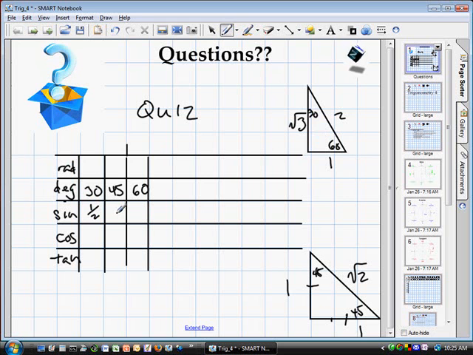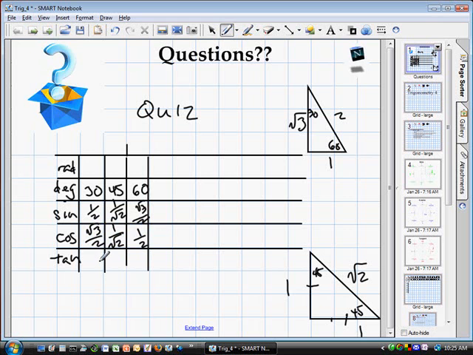Sine of 45 degrees. Sine of 60 degrees. That's supposed to be a 3 there. Cosine of 30. Square root 3 over 2. Cosine of 45. Cosine of 60.